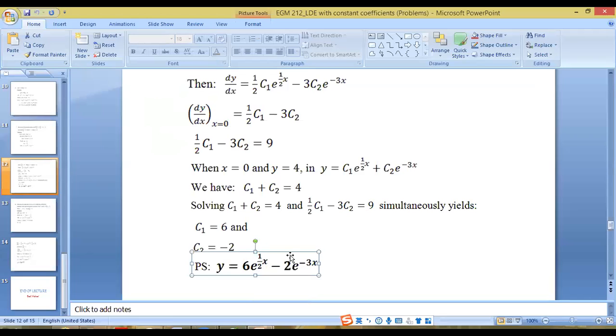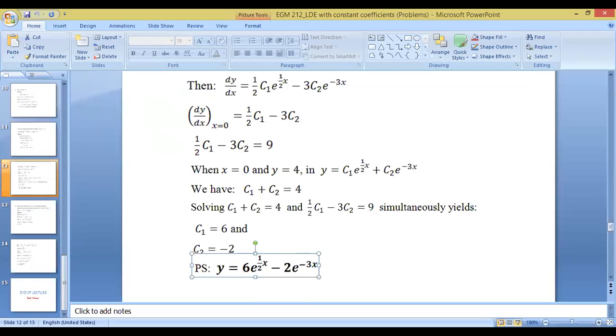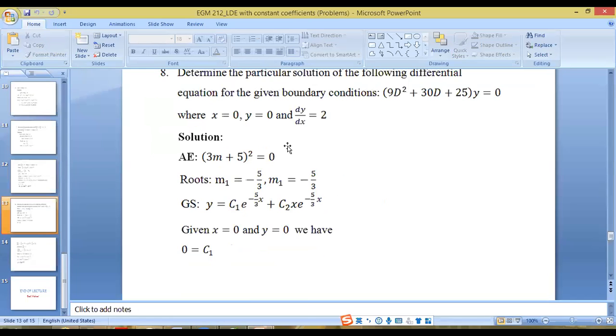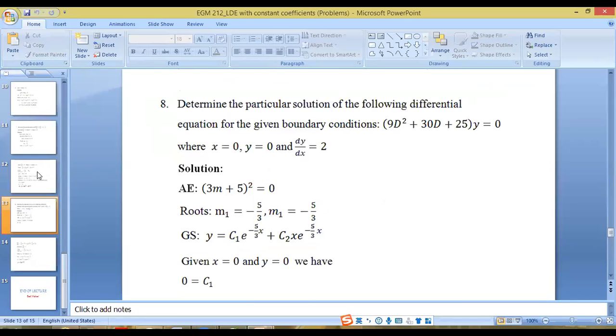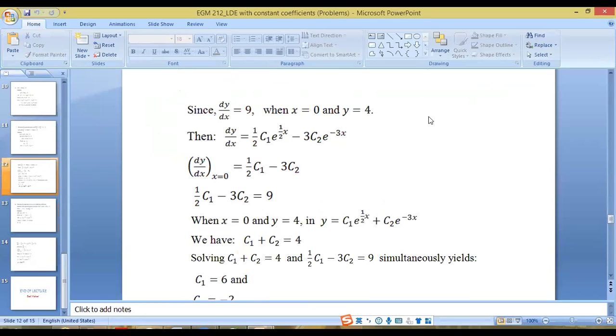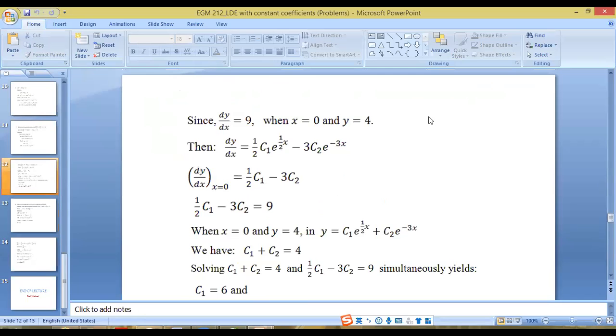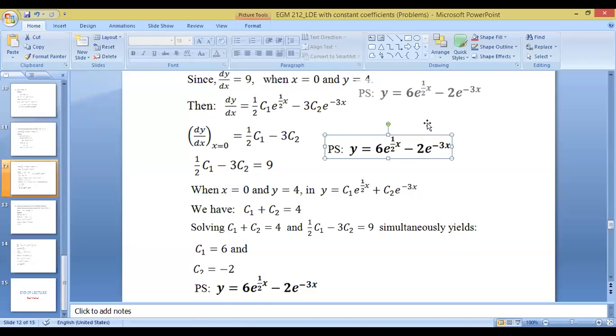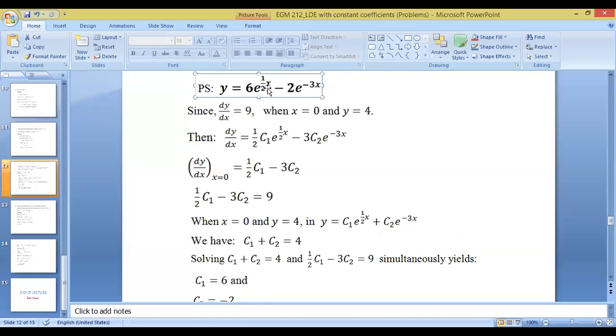Okay. Let's have it on the next slide. On the next slide. Is it here? Here. If we can have it pasted somewhere so that we're able to see it.